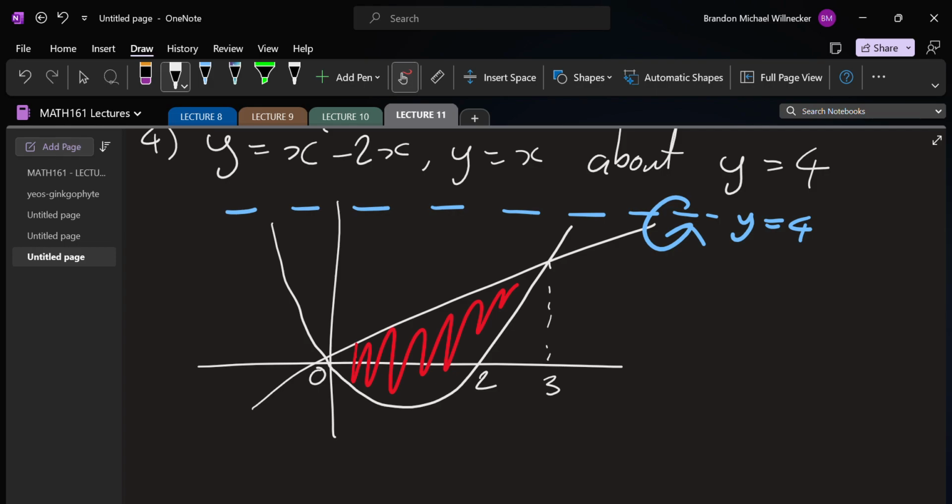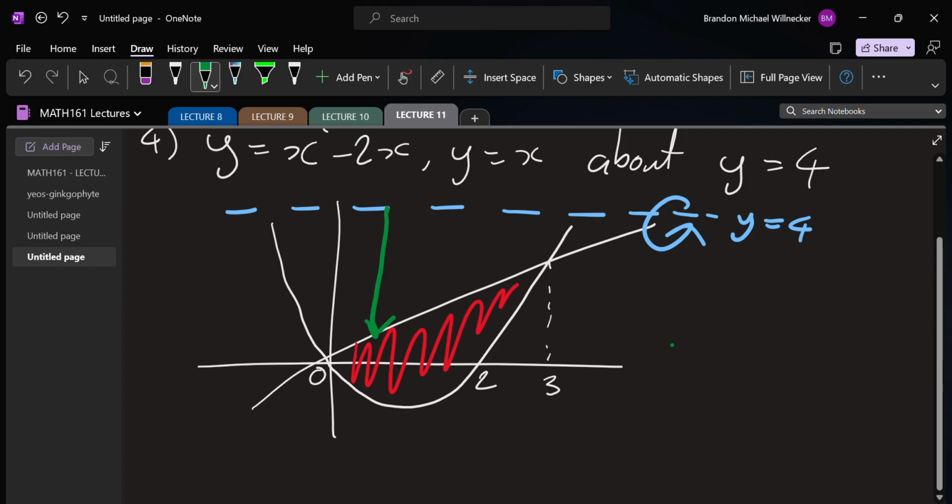So when we're finding the radius, it's going to be from here to here for the inner radius. From the axis to this line is now the inner radius. From the axis to the parabola is now the outer radius. We're measuring from the blue line, not the axis anymore. So it's going to end up being something like this.